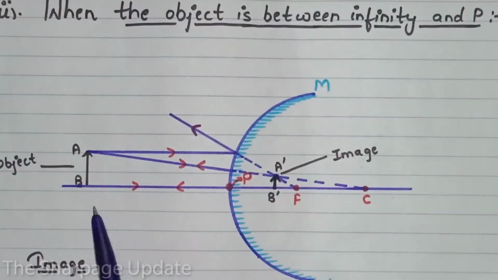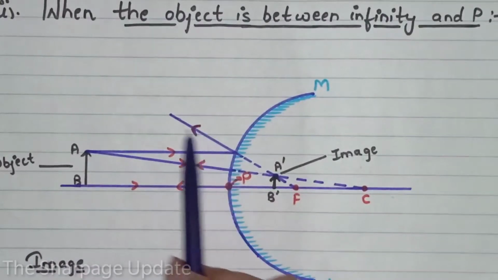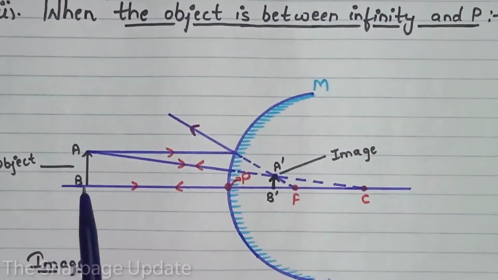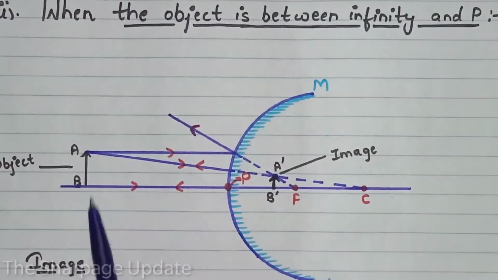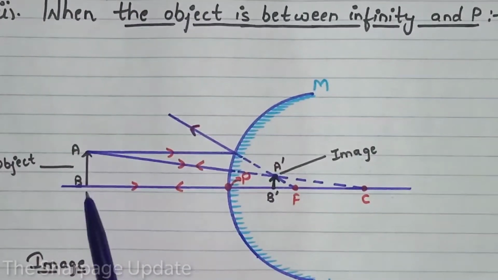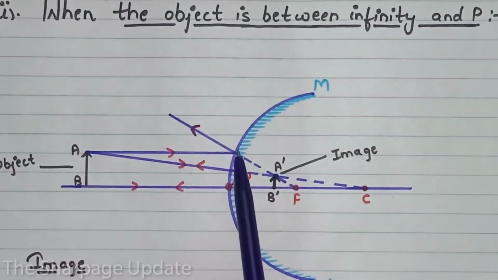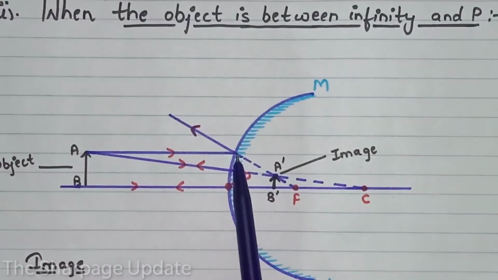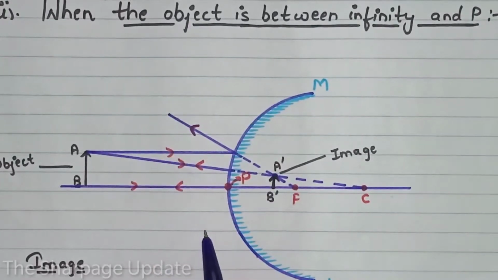Now, in the second condition, we have placed the object between infinity and pole. Students, we can place the object anywhere between the infinity and the pole. Now, we can see this is the object AB and a ray of light which is incident on the convex mirror is deflected in the other direction.